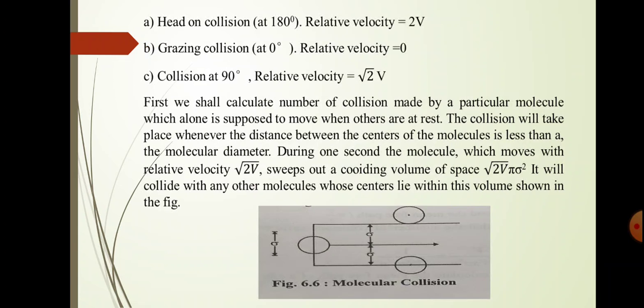The second is the grazing collision where the angle is 0, meaning they are moving in a parallel direction, and the relative velocity is equal to 0. And the last is collision at any angle or at 90 degrees, so the relative velocity will be under root 2 v. So there are basically three different kinds of collision patterns on the basis of angle of collision.